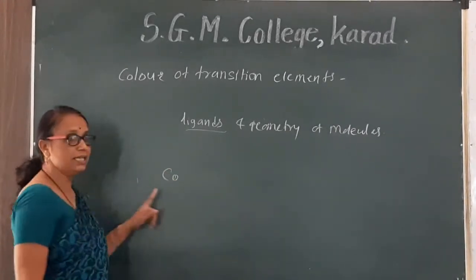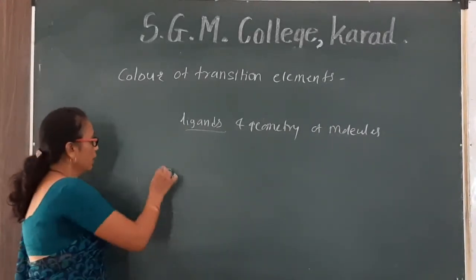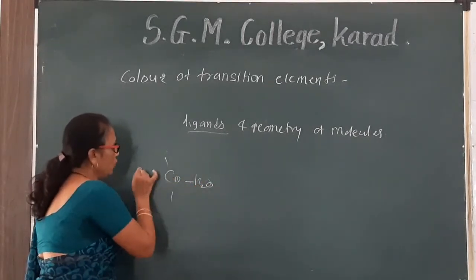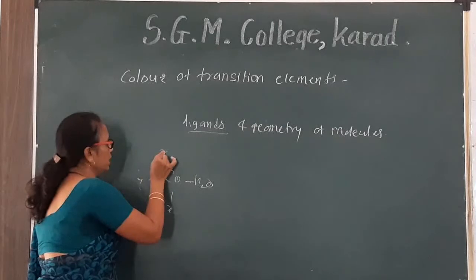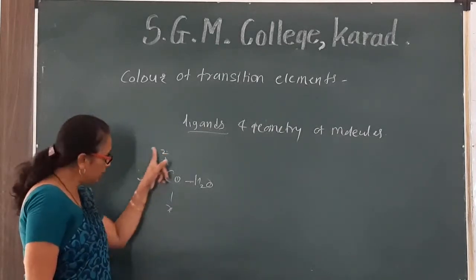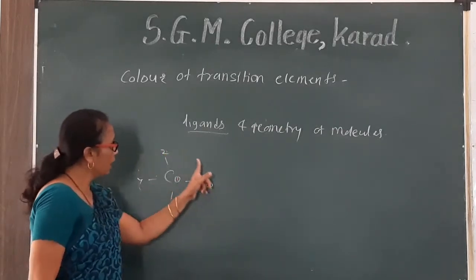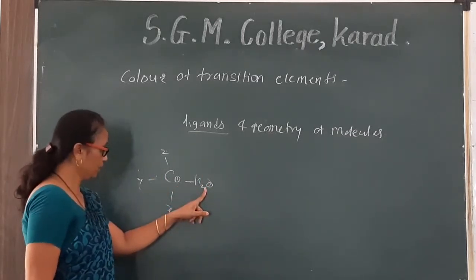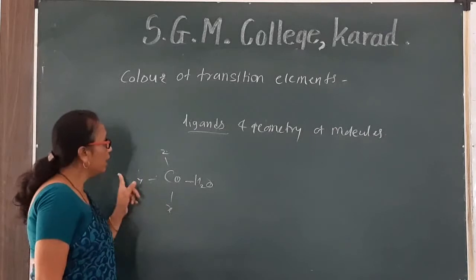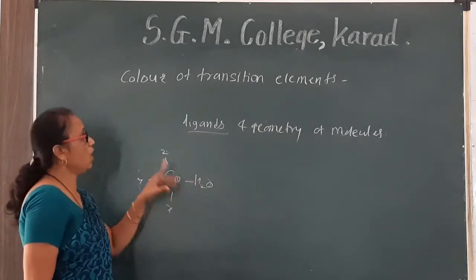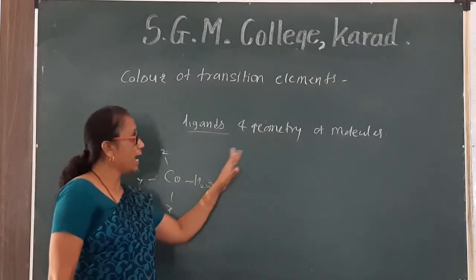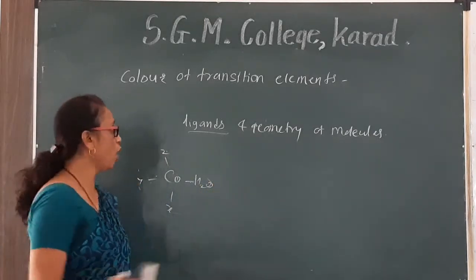If this is a central metal atom, then the atoms, ions or molecules surrounding it, suppose X, Y, Z, are the ligands.